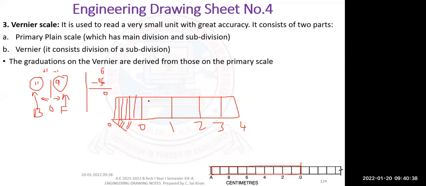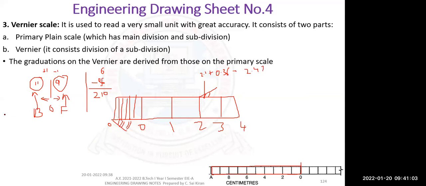For the rest, suppose he wants to measure 2.1. Between 2 and 3, we again divide into 10 equal parts and this will become 2.1. He'll add 2.1 plus 0.36. Then he can directly measure that it is 2.47. If you want to measure 2.47, he can use this one.